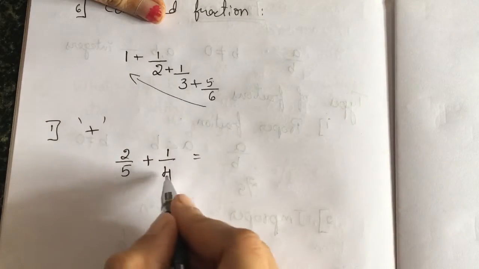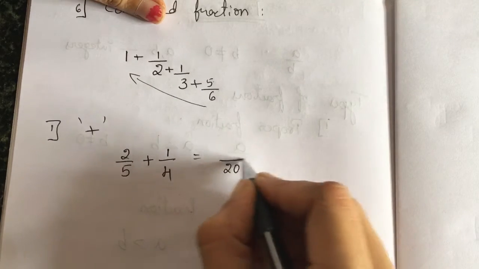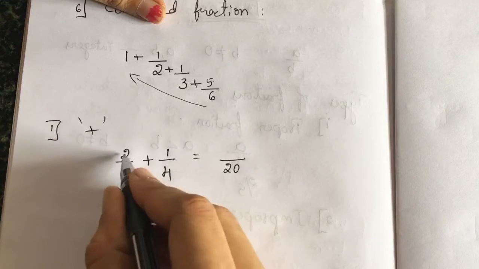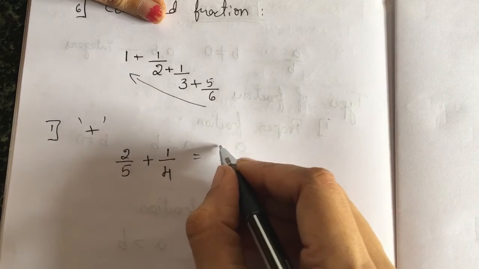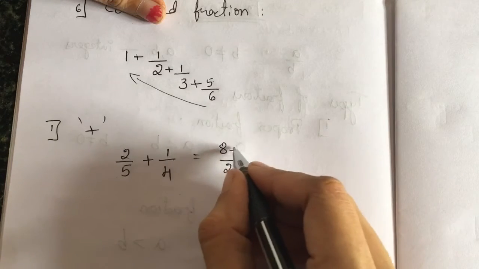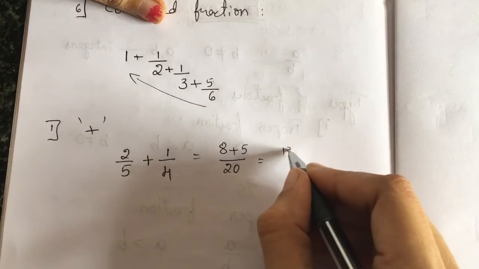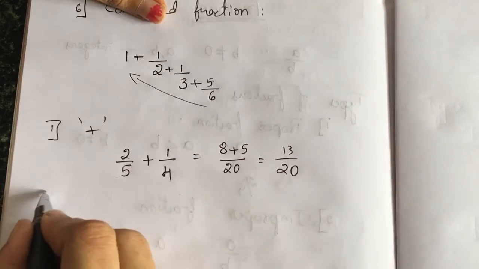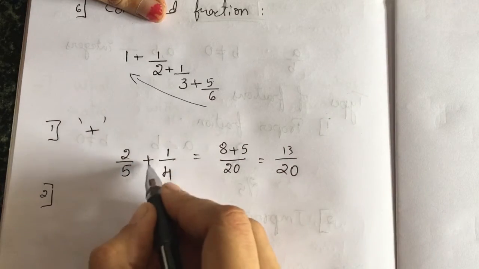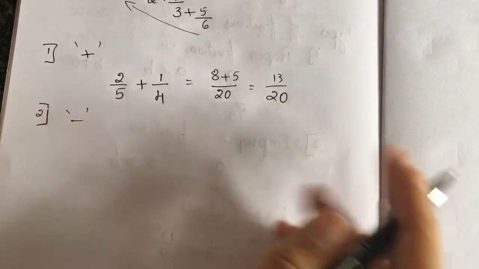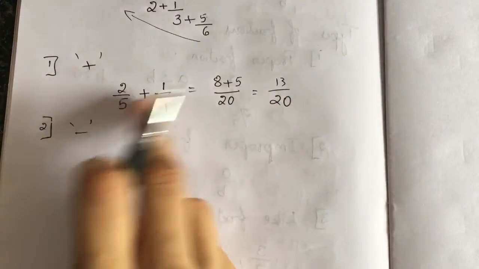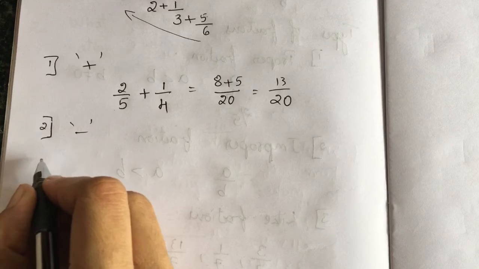Okay, the LCM of 5 and 4 is 20, then multiply 2 with 4 so that it is 8, 1 with 5 so it's 5, so it's 13 by 20.